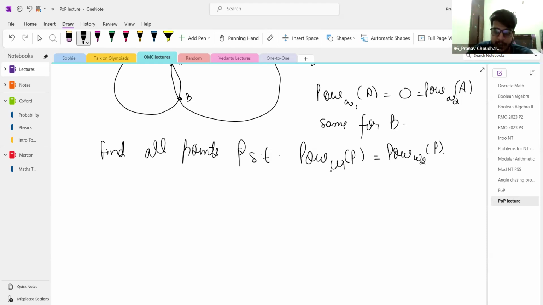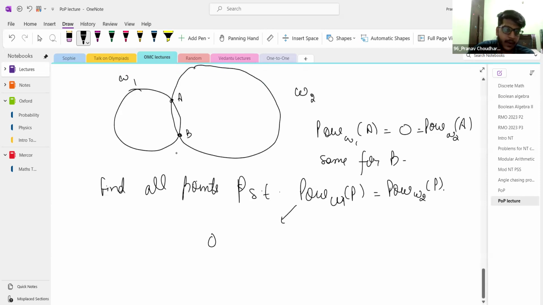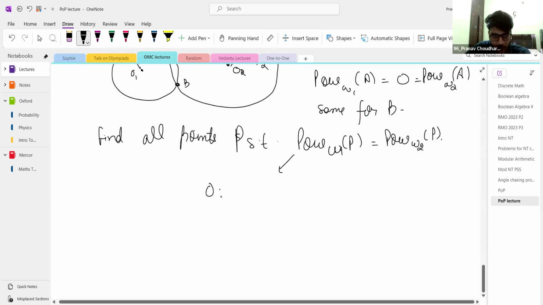So, we need to find all P such that, let's say the center of omega 1 is O1, and the center of omega 2 is O2, and the radii are R1 and R2. So we need OP1 square minus R1 square equals OP2 square minus R2 square. It's the same proof as in ECMO, but I also want to tell the motivation about how to set up the coordinates.